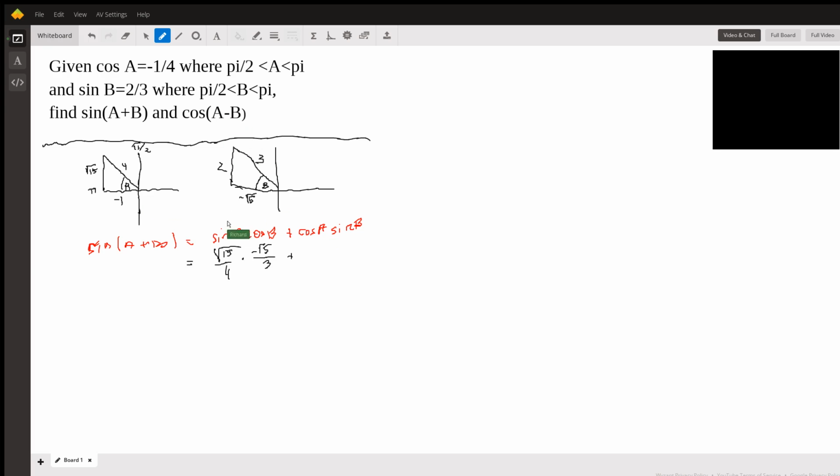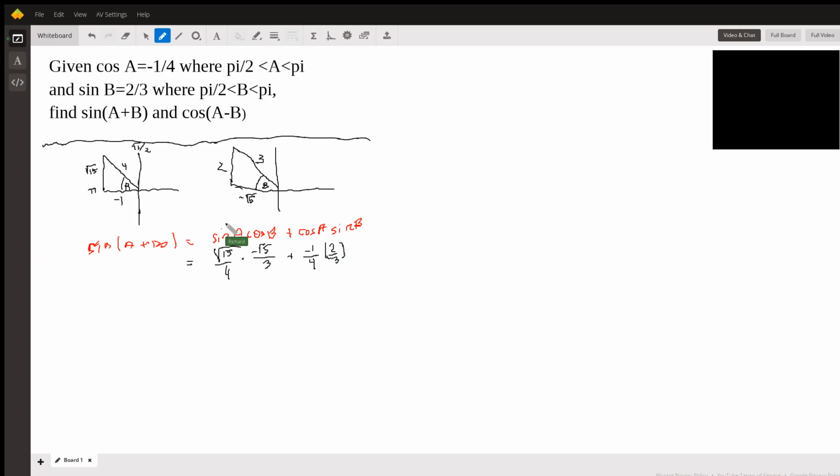So the cosine of A is going to be negative 1 over 4. Cosine of A, and then the sine of B is going to be 2/3. Okay, and then it's just a matter of putting that in your calculator and cleaning that up.